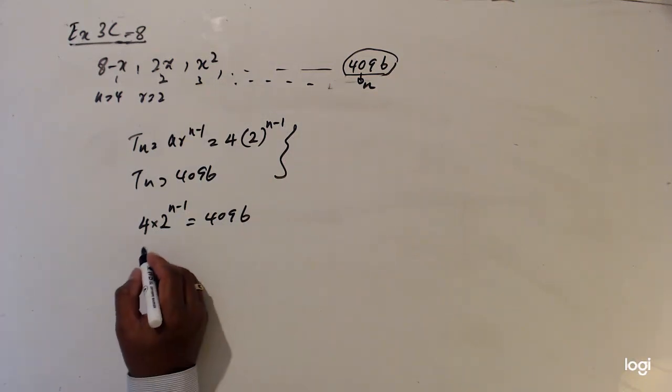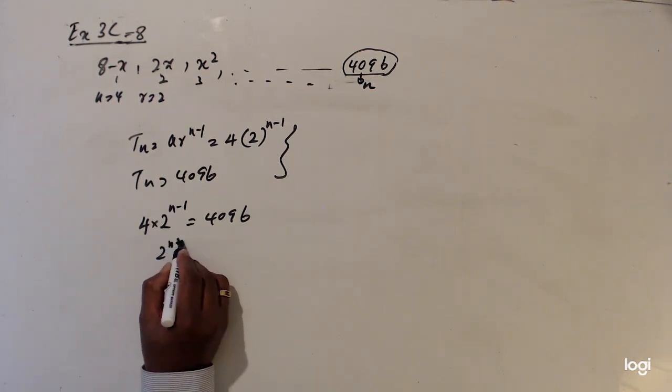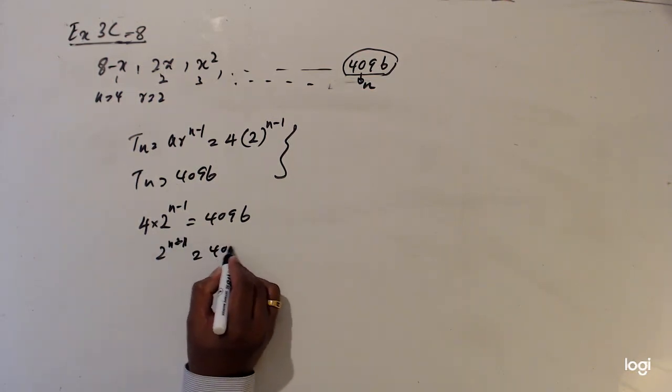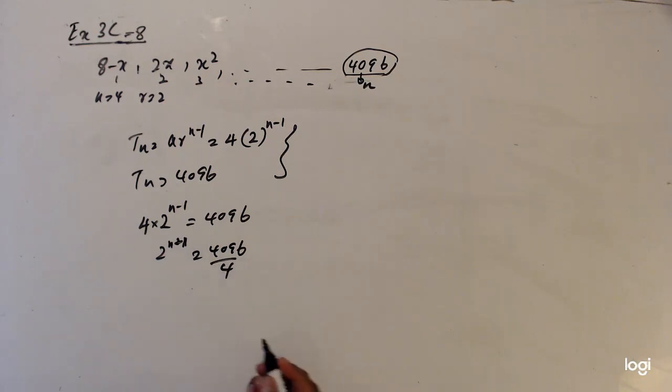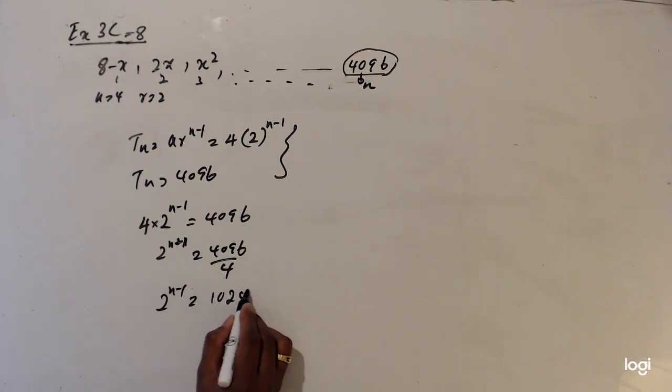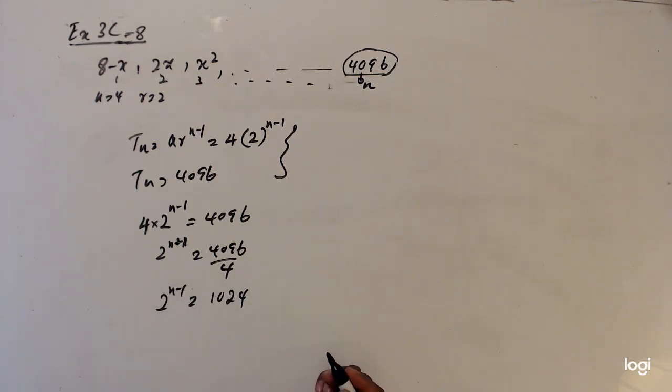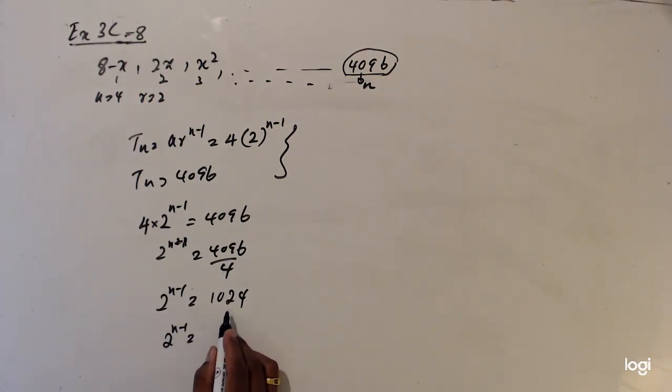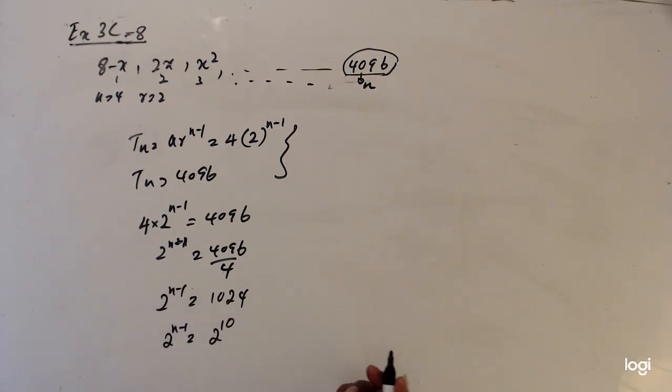You can simplify: 2 to the power n minus 1 equals 4096 divided by 4. That is, 2 to the power n minus 1 equals 1024. So we know with our practice that 1024 equals 2 to the power 10.